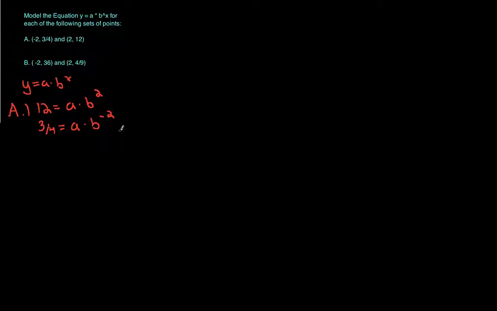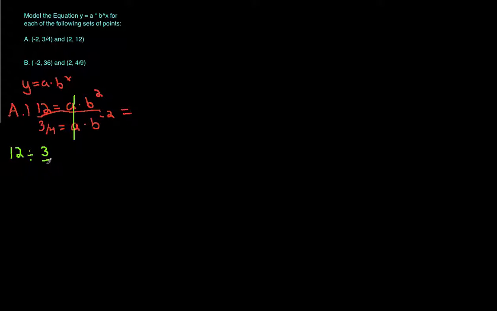When I do the elimination method, I take these two equations and divide them by each other. The a's simply cross off with one another. On the left hand side, I'm going to have 12 divided by 3/4.